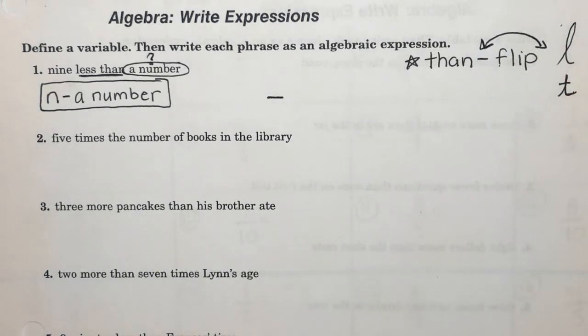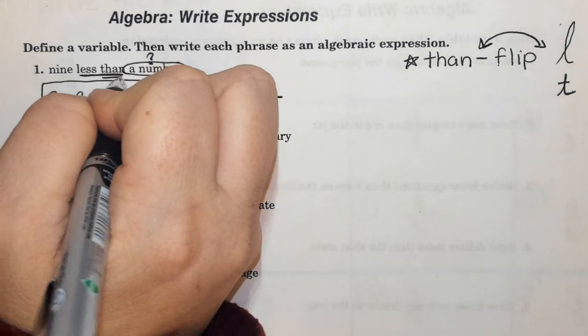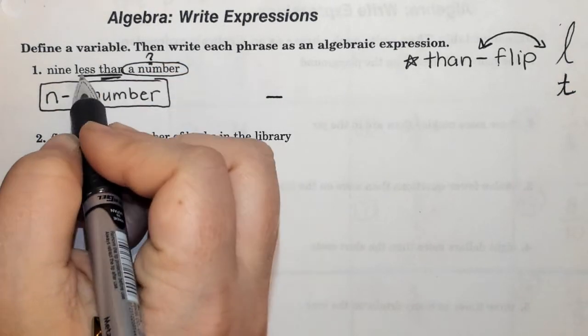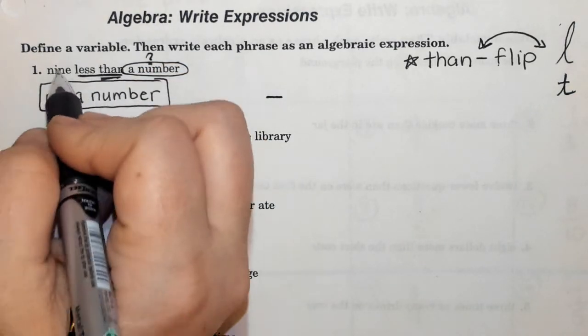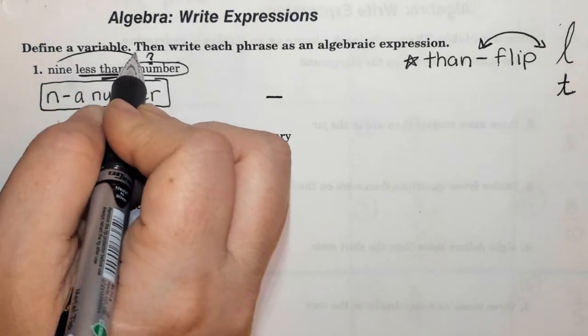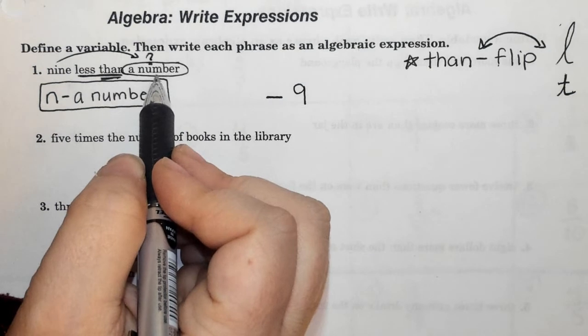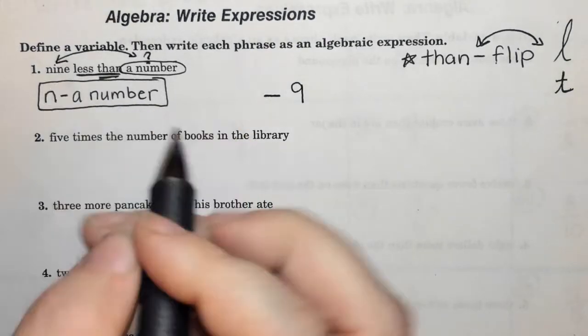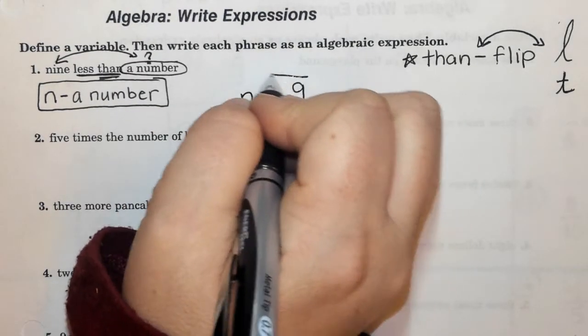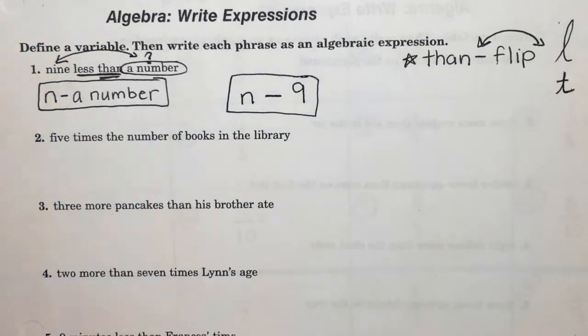Okay? So here, do y'all see where it says less than? So we are using minus because it's less, but the than is going to move that 9 to the back, so I'm going to put it in the back. And it's going to move a number, which is my variable, to the front. So it's actually going to be n minus 9. Does order matter when you're subtracting numbers? Yes.